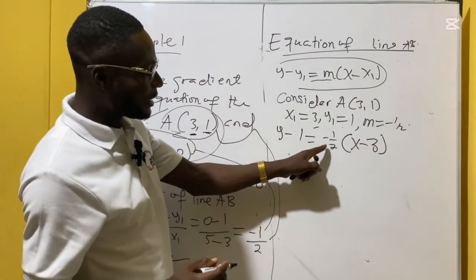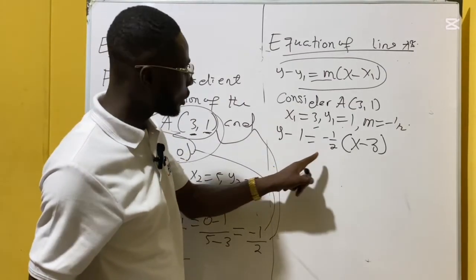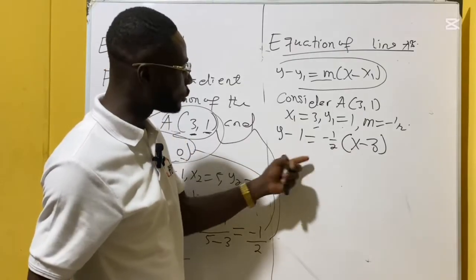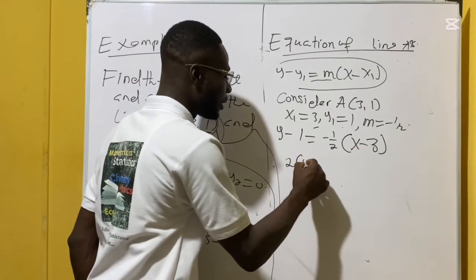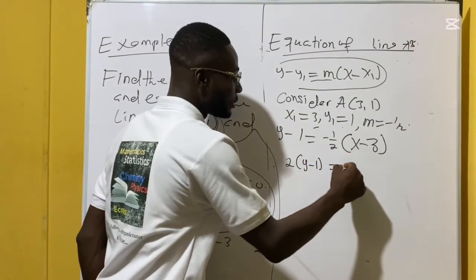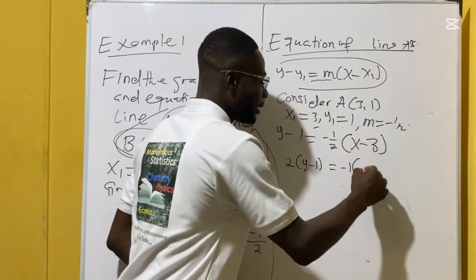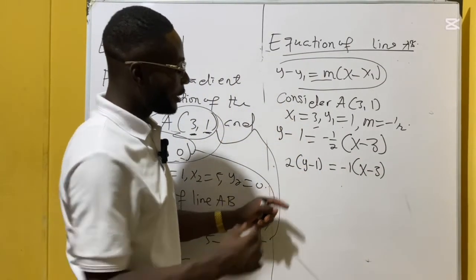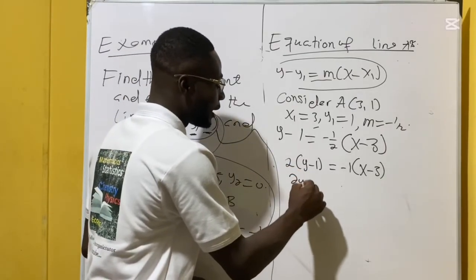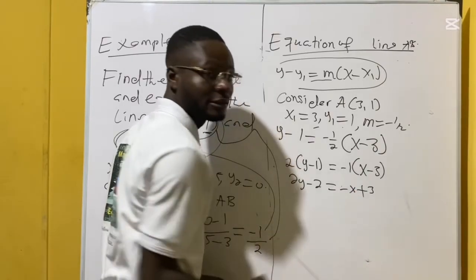So this is negative half, right? So we can multiply the 2 across board to avoid this fraction here. So we're going to have 2 into y minus 1 equals negative half, negative 1 into x minus 3 here. So this is basically going to be 2y minus 2 equals negative x plus 3, right?